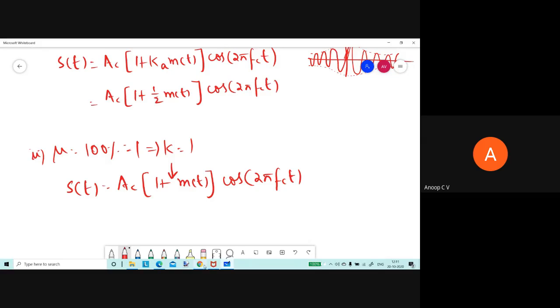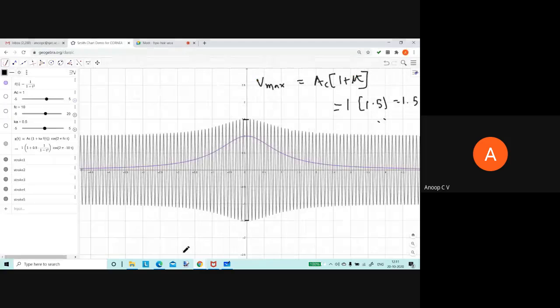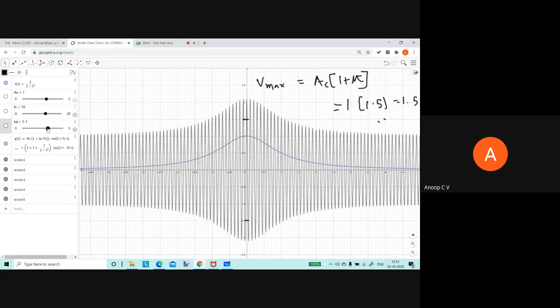So what I'll do is in this waveform, I'll just make this Ka equal to 1.